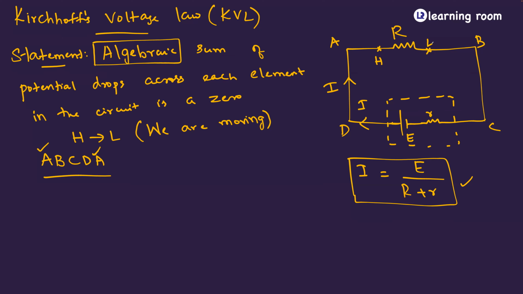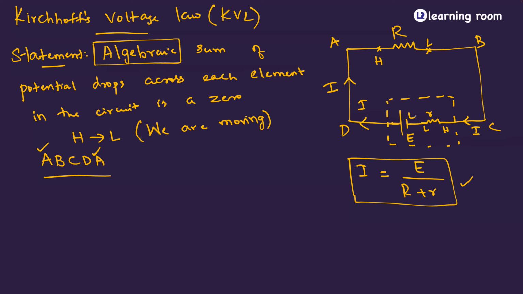You come here, there is no element, leave it. When you go from C to D, current is flowing in this direction. Which one is higher, right or left? Look at the direction of current. Right is higher. It flows from higher to lower potential. Are you able to understand?